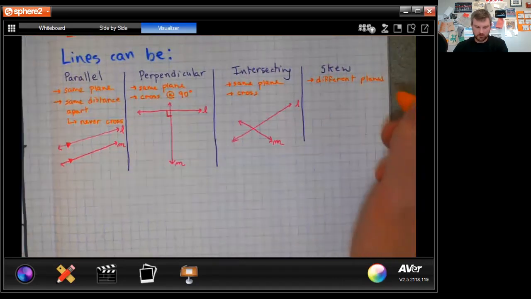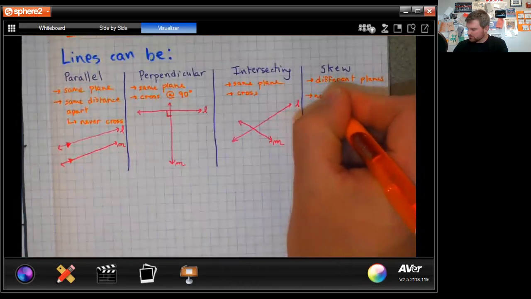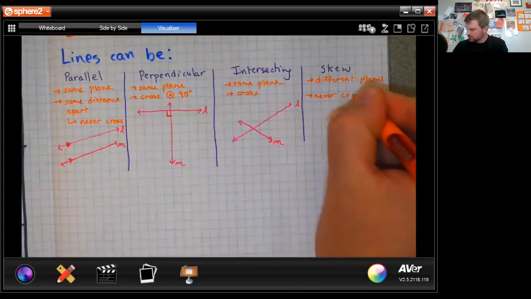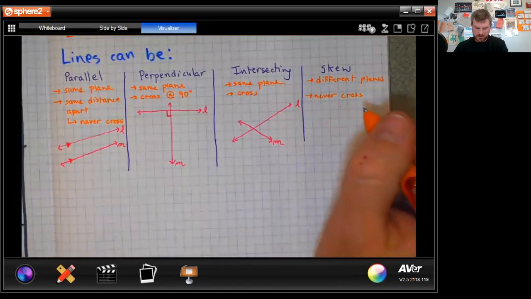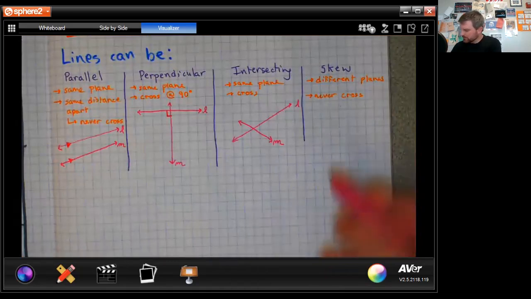Okay, they are on different planes, and they never cross or never intersect. Now, these are a little more difficult to draw, okay? Because we have to draw two different planes. So we need to draw two planes with two lines that never intersect.